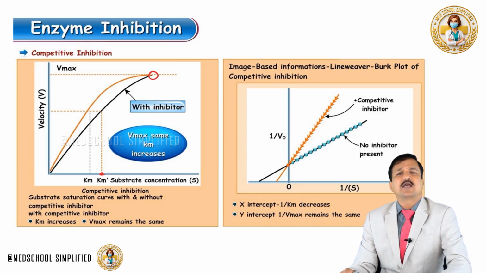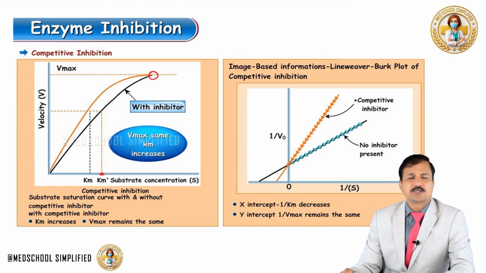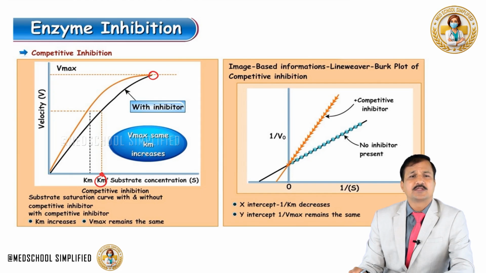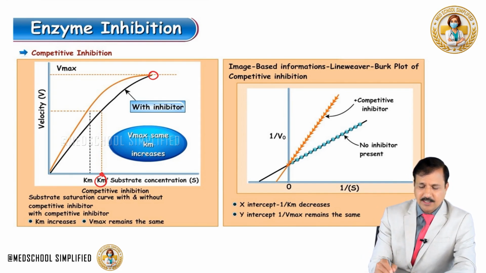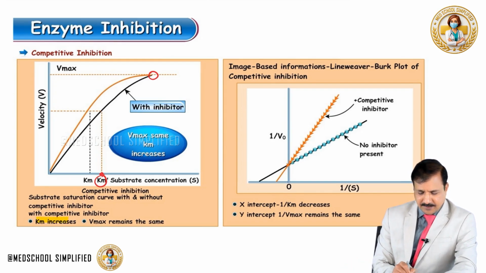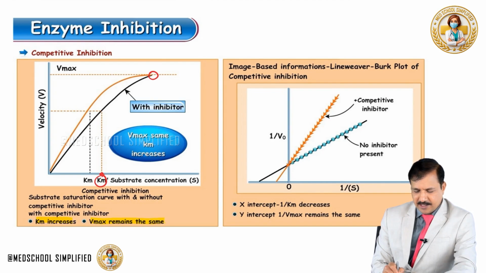That means for the enzyme to reach half of its maximum velocity in the presence of competitive inhibition, the substrate needed increases. So Km increases, the apparent Km increases, but Vmax remains the same. These are the kinetics of competitive inhibition.